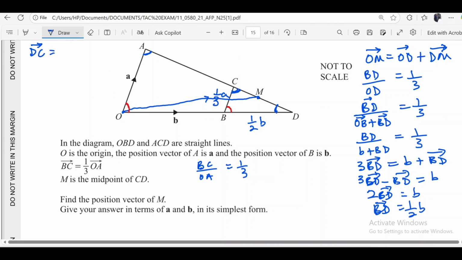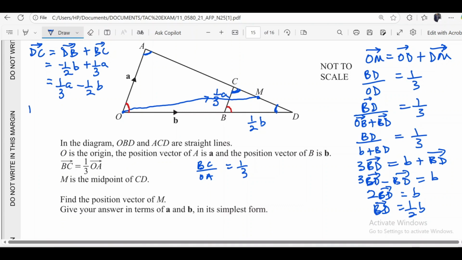Vector DC equals, let's get the route, DB plus BC. So DC is going to be DB. We are going to take the negative of that, which is minus half b, because we are going against the direction of the vector, then plus BC, which is 1 over 3 a. So we can now write this as 1 over 3 a minus 1 over 2 b. And that is DC.